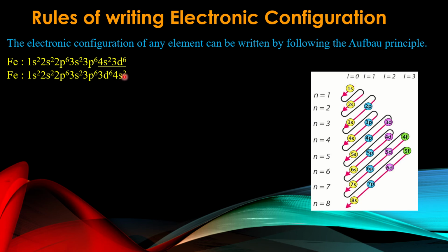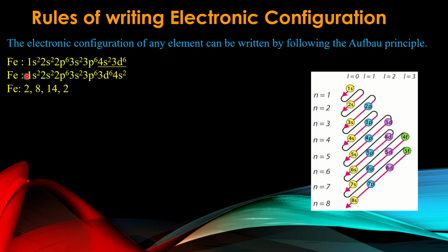Dear students, the last electron goes to the 3d orbital, but we arrange the electrons this way because of their shell, their main energy level. The electronic configuration can also be written: first shell there are 2 electrons, second shell 8 electrons, third shell 8 and 6, total 14 electrons, and fourth shell there are 2 electrons. So the electronic configuration of iron is 2, 8, 14, 2.